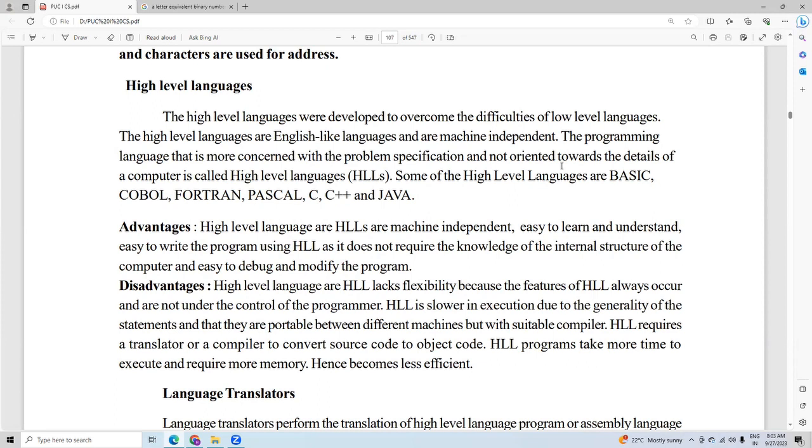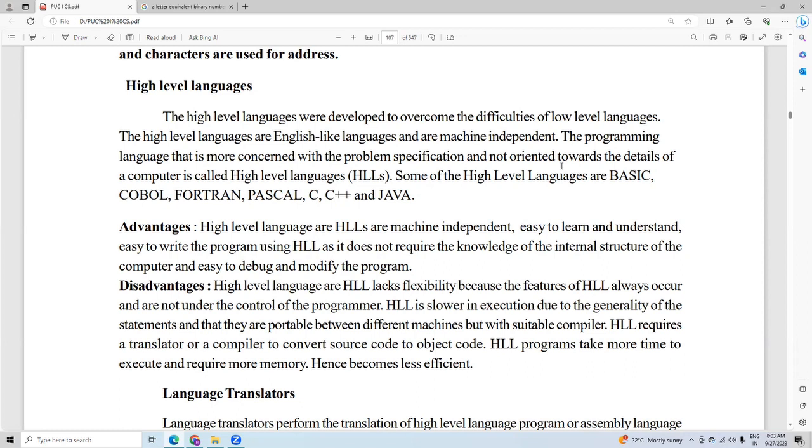And one more special point is what? High level languages are portable languages or machine independent. That means what? Programs written in high level languages are not related to any of the hardware system you have in your computer.